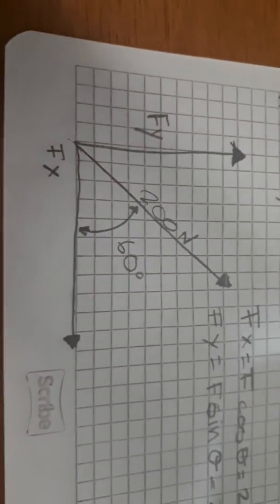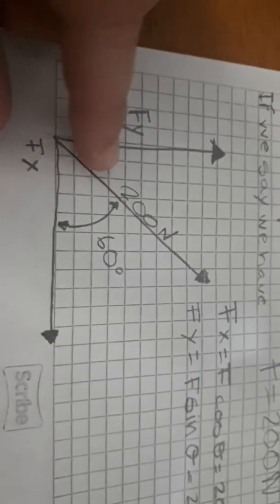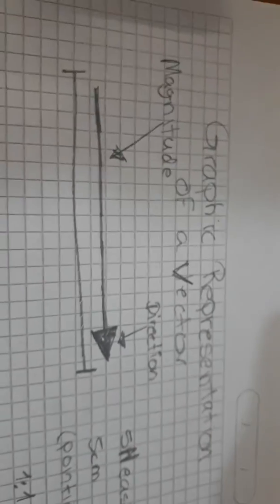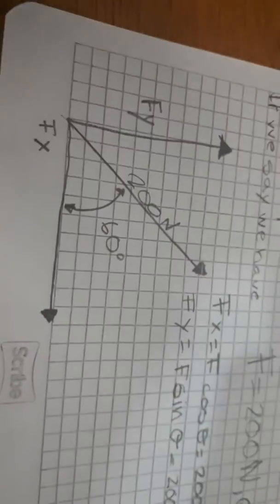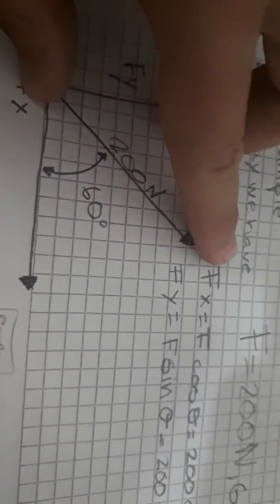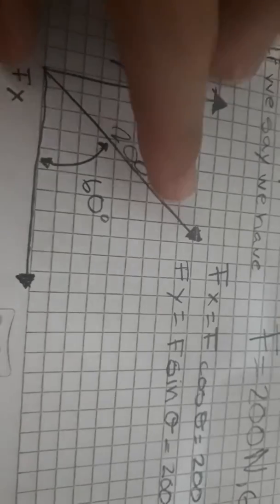Here is how we represent it in the graph. 200 newtons. This is the graphical representation of a vector, as we saw in the topic before, pointing 60 degrees up. That's it for today.